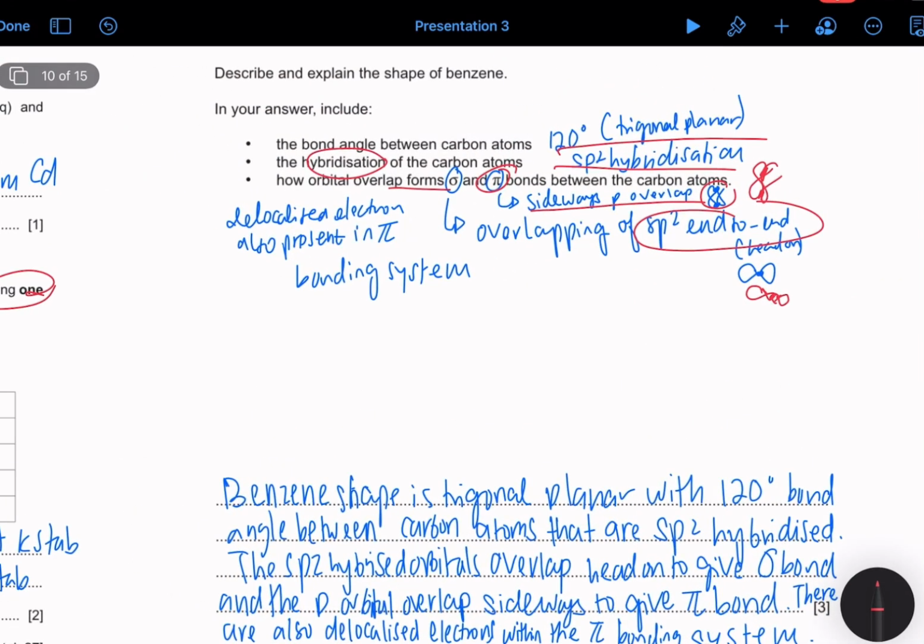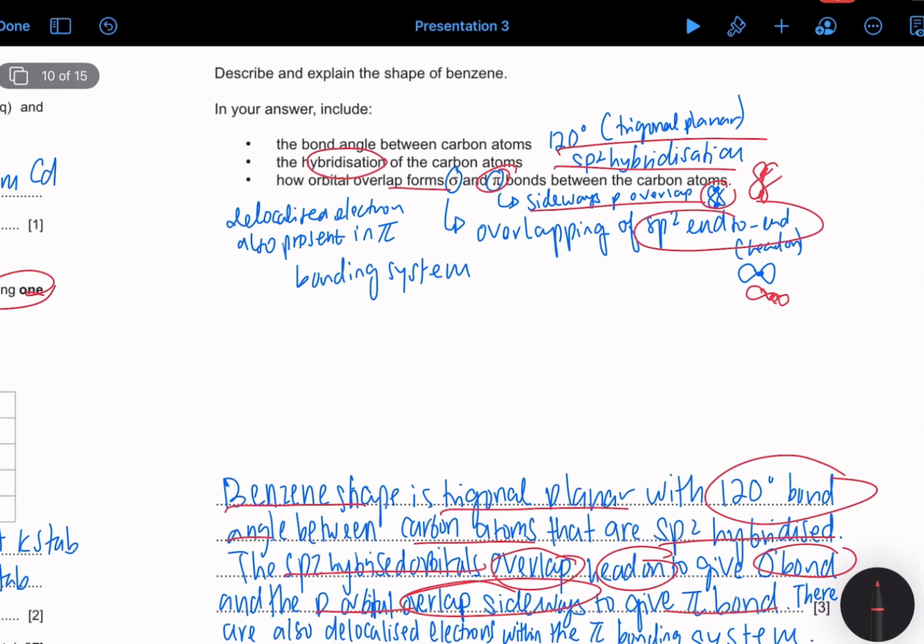How do you approach this question? 3 marks. We can approach it by first mentioning the shape. The benzene shape is trigonal planar with a 120 degrees bond angle between the carbon atoms that are sp2 hybridized. The sp2 hybridized orbitals overlap head-on or end-to-end to give the sigma bond, and the p orbitals overlap sideways to give the pi bond.